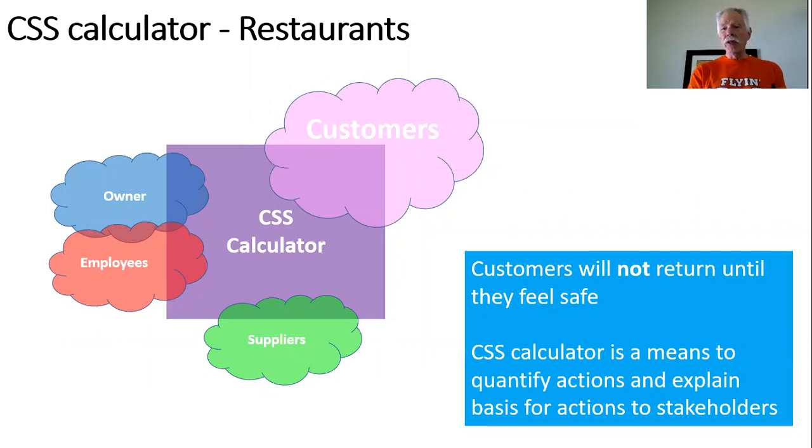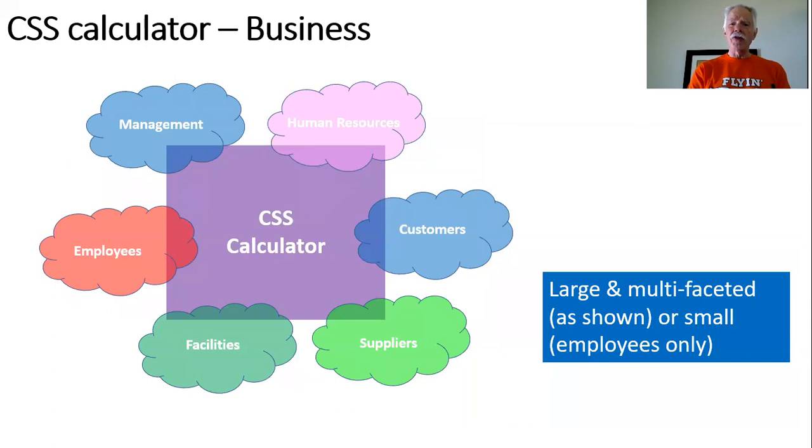They're absolutely not going to come back until in some manner you can explain to them why this is a safe space. And if you're a business owner, whether a large business that has many stakeholders from office employees to suppliers to customers to administration to facilities to human resources, there's many, many people to bring into the discussions.